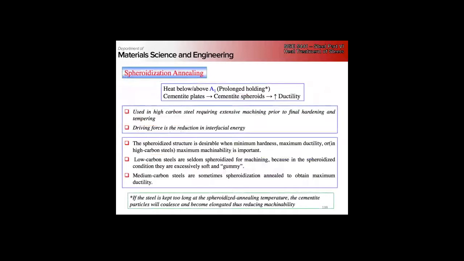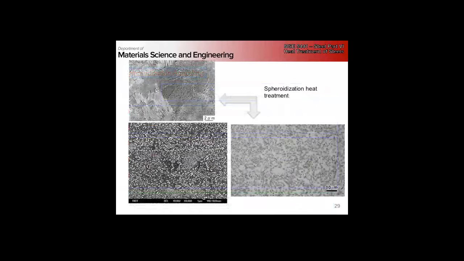And the last, we basically have spheroidization, right? The idea here is we want to start with our pearlite structure. There's a lot of interface here, so just like grain growth, there's a natural driving force to reduce the interfacial energy, right? And our carbides will spheroidize, minimizing the surface area.